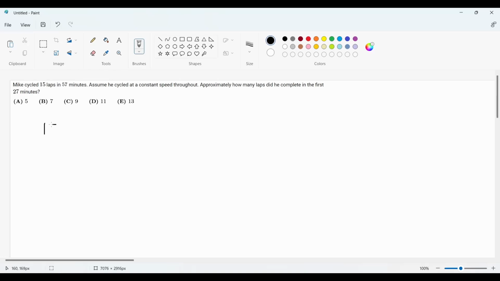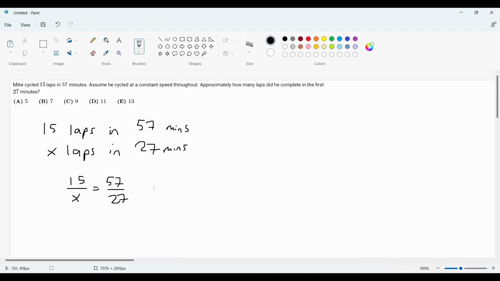So if he does 15 laps in 57 minutes, and he does X laps in 27 minutes, then we can set up a proportion: 15 to X should be equal to 57 to 27.